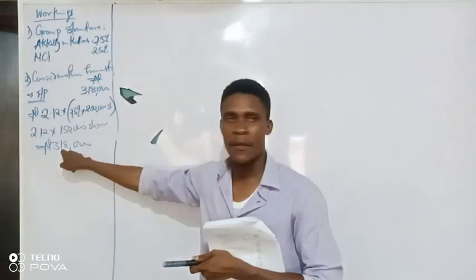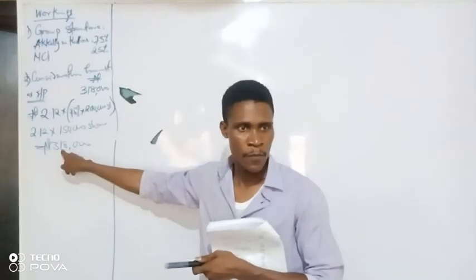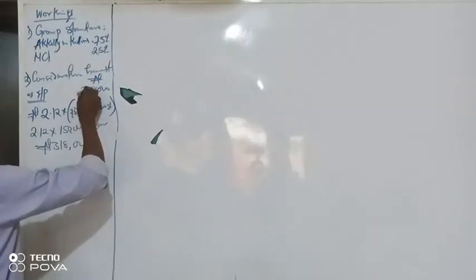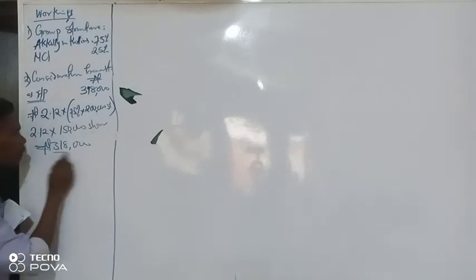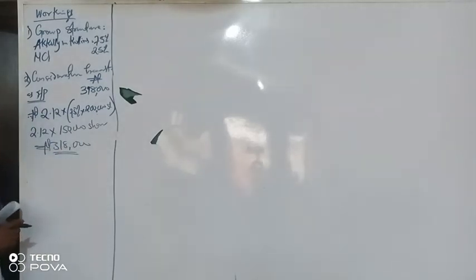But if they just say investment, or long-term investment, in that case you will use the one you have here in your workings. Let's assume this one is 398, for example, and what you have is 318. You just say long-term investment and put 398 in the calculation. You use the 318 to calculate your goodwill.